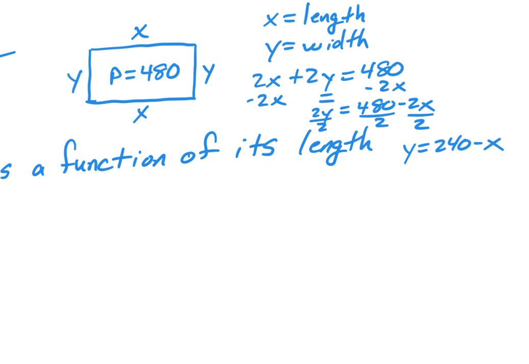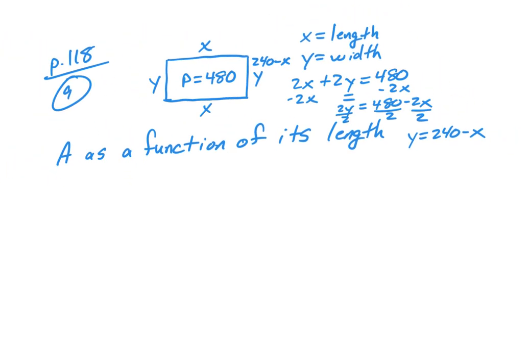And here, the 2's can cancel out. So I just have x left. Okay, so this is an expression that represents y. So over here, instead of using y, I could use 240 minus x. Those two are interchangeable. They're the same thing.